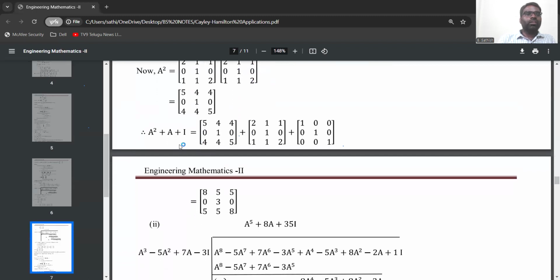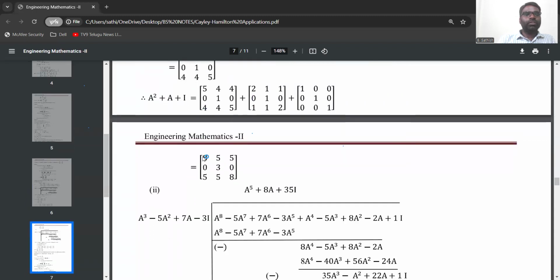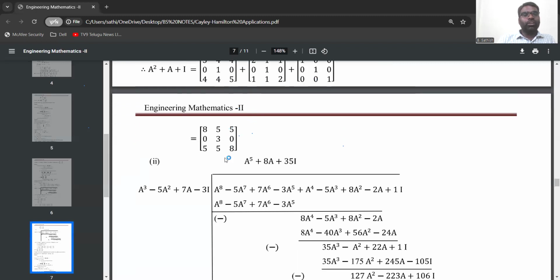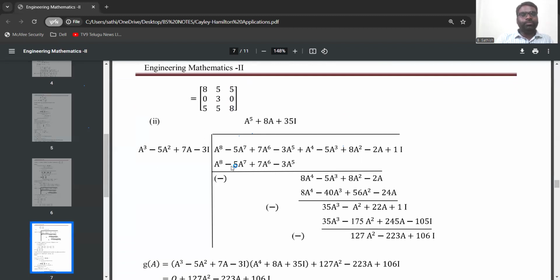Substituting that A square, A and I in the above equation 2, we get 5 4 4, 0 1 0, 4 4 5 plus the given matrix A, which is 2 1 1, 0 1 0, 1 1 2, plus the identity matrix of order 3, 1 0 0, 0 1 0, 0 0 1. After simplification, we get 8 5 5, 0 3 0, 5 5 8.